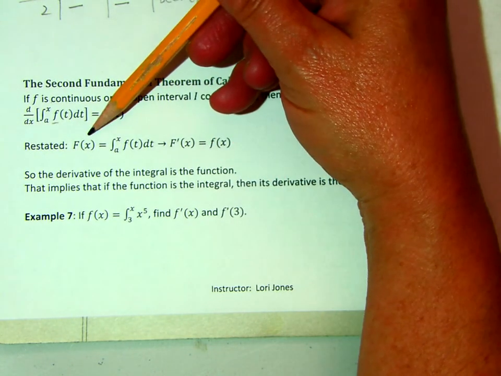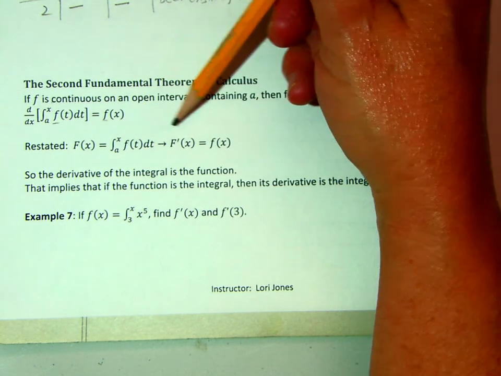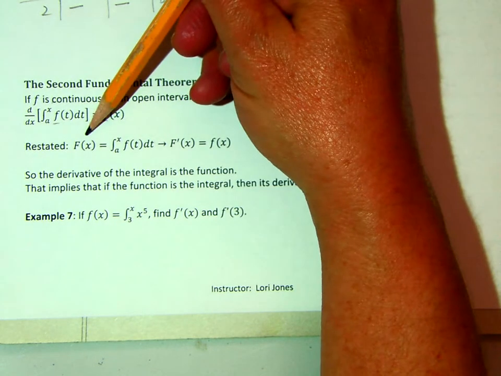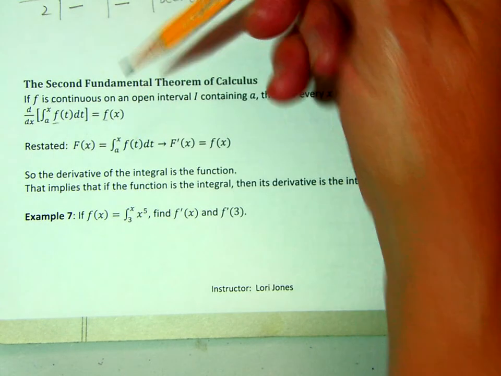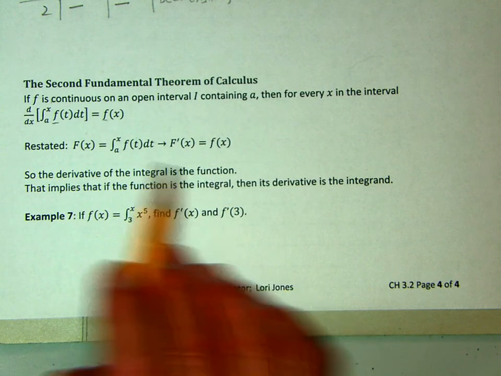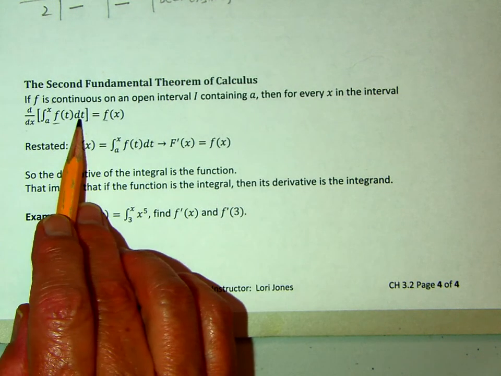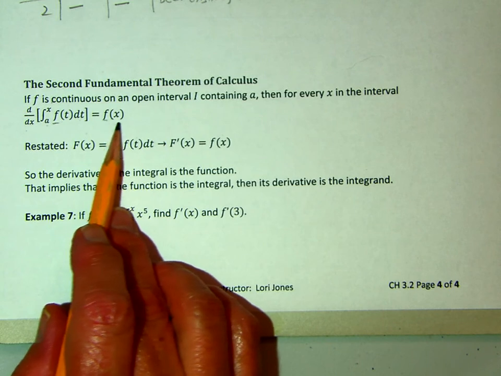Restated, if a function is the integral, then the derivative of that function is the function inside the integral. So the derivative of the integral is the function. We've got to change a variable here.